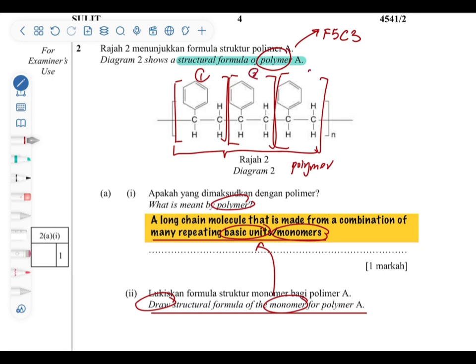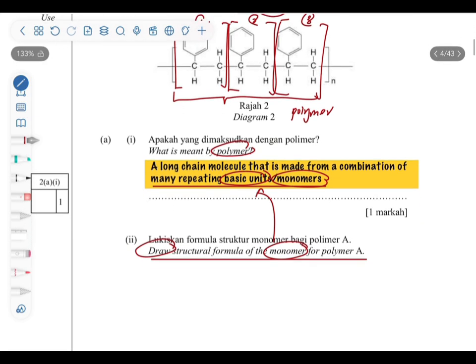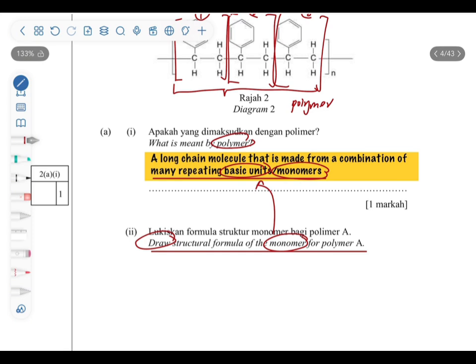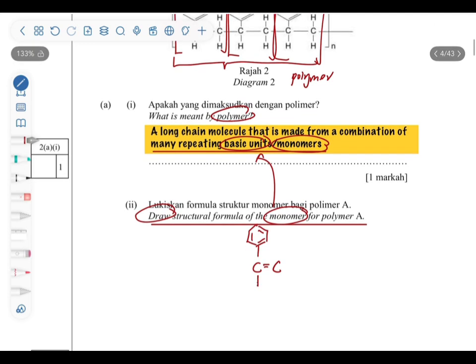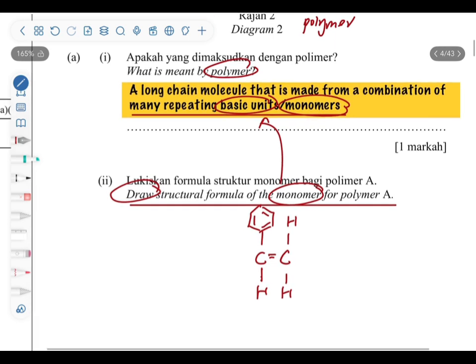So this is how we discover the monomer, and then we have to draw it. So we need to draw a C, double bond C, and then the benzene ring over here, and then draw the H. Basically, you just complete everything, and you need to note that this carbon can form a maximum of 4 bonds. So this is your answer.